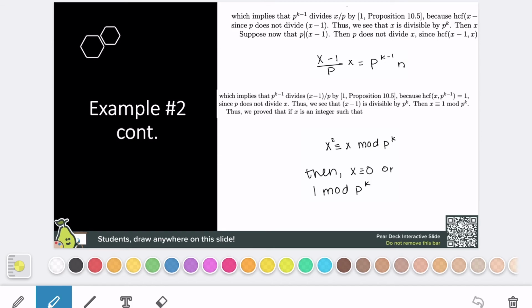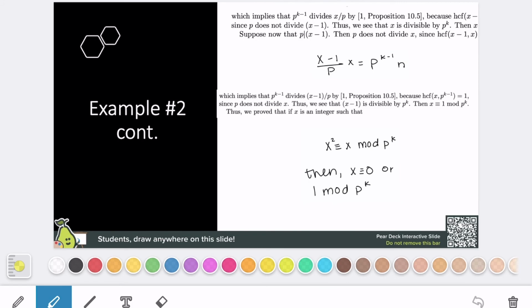Okay. If x is congruent to 0 mod p to the power of k, we can suppose that p divides x minus 1, then p does not divide x, since the highest common factor of x minus 1 and x is equal to 1.